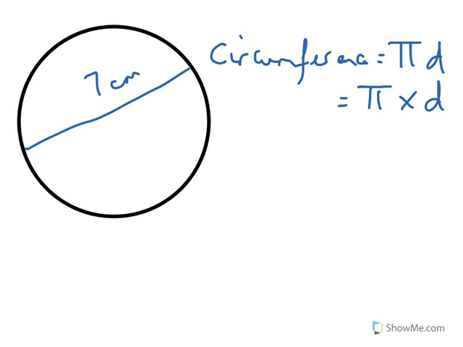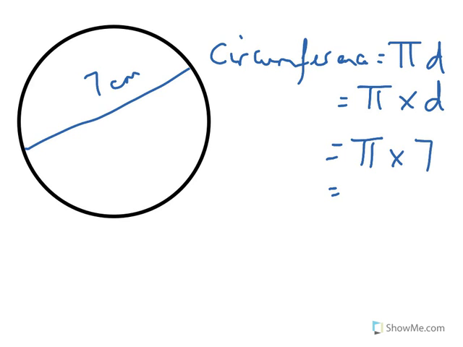Okay, so using this example we've got here on the left, the circle has a diameter of 7 centimetres. Now, if they gave you the radius, let's say they gave you the radius of this circle, that would be 3.5. You would need to double that first so that you've got the diameter. But it's nice and easy here because they've given you the diameter, so all you need to do is type into your calculator pi times 7.